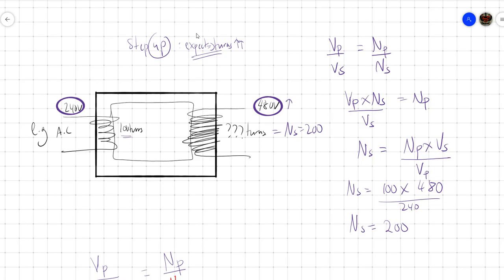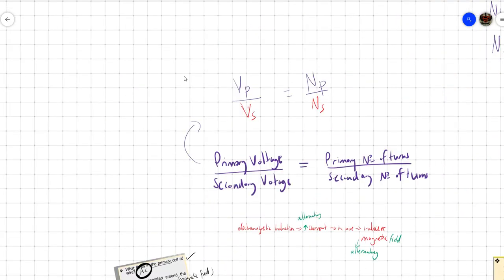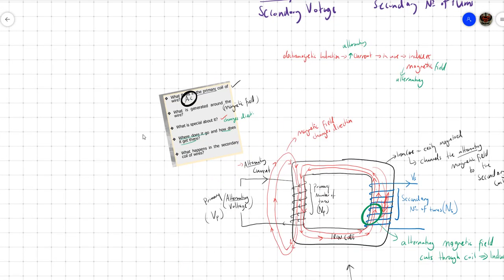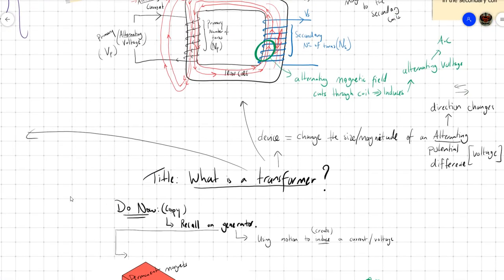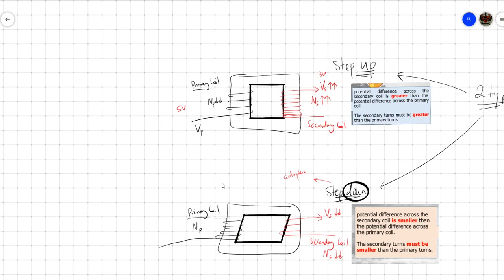Okay, so is this good so far? Alright, so this is your worked example. Make sure you copy this down as well. Okay, let me just go back. The equation, copy this down. Okay, so the whole thing here, we need to know that. And this definition, copy down, of course. Okay, so step up, copy this down as well.